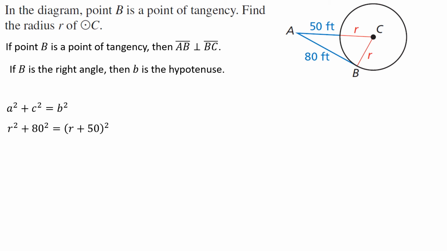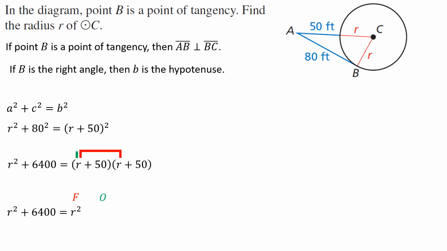Well, 80 times 80, that's easy enough. 6,400. A little bit trickier, R plus 50 quantity squared. I need R plus 50 times another R plus 50. So you guessed it, I have to do FOIL. First, R times R is R squared.